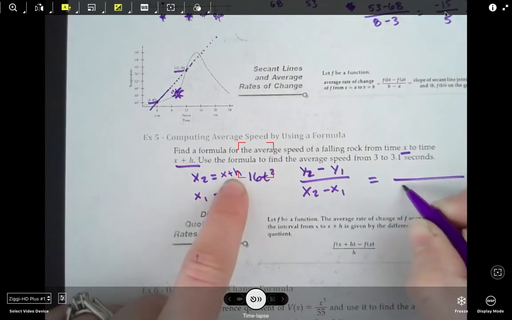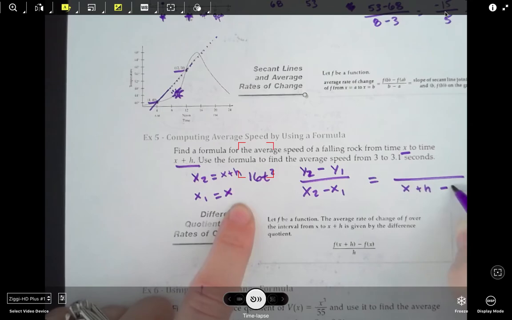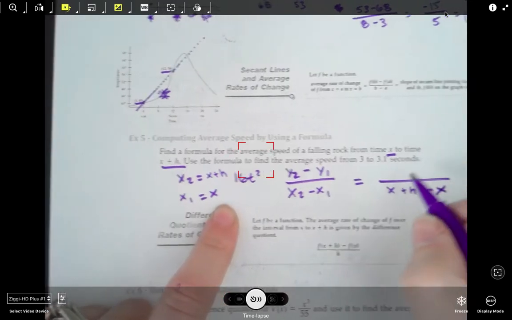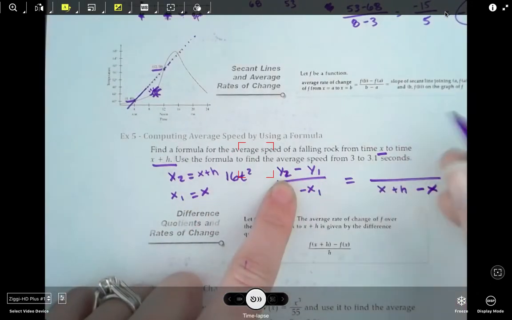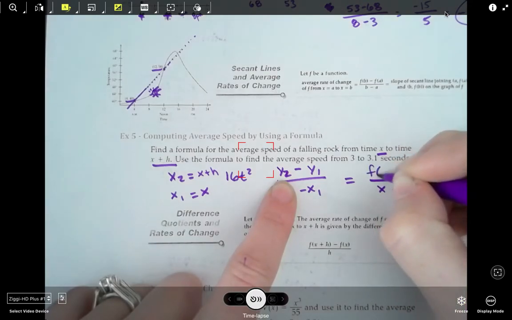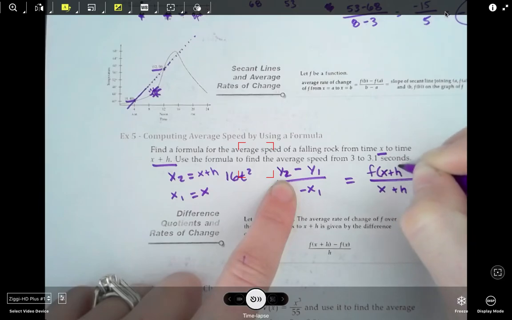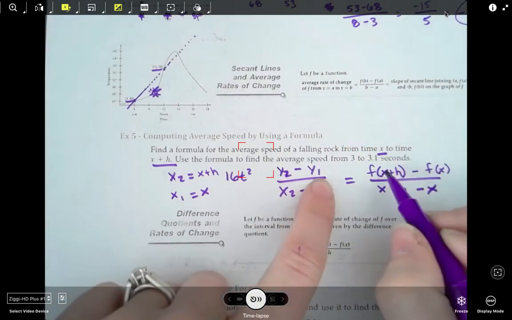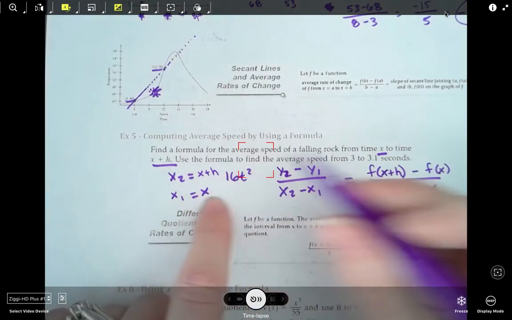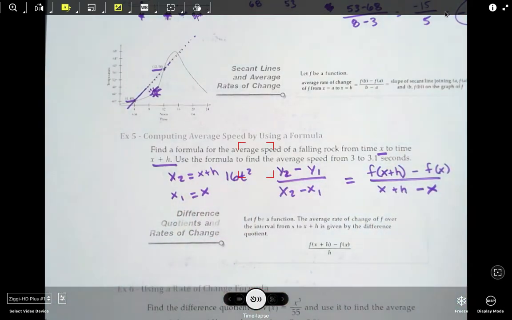I can do that on the bottom: x plus h minus x, okay? And on the top, your y coordinate is basically f of x plus h minus f of x, right? That's y2 minus y1: the function with x plus h plugged in and the function with x plugged in, okay?